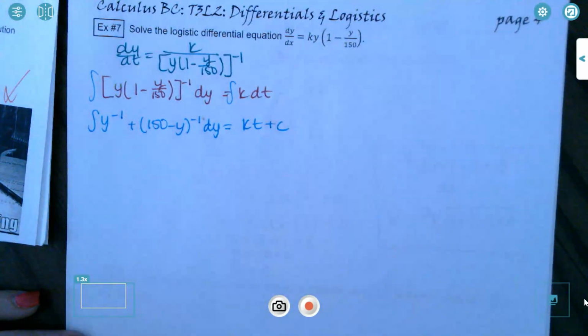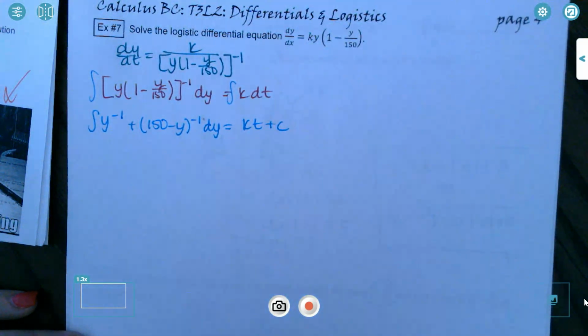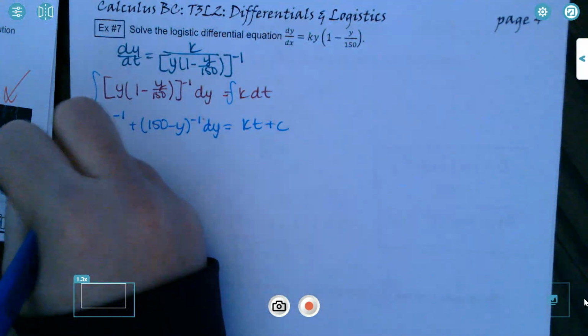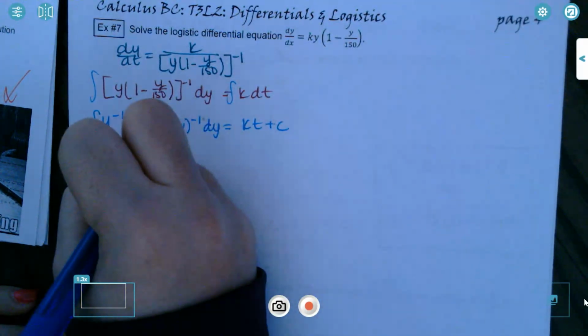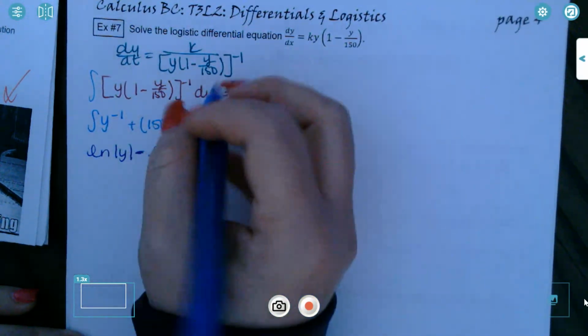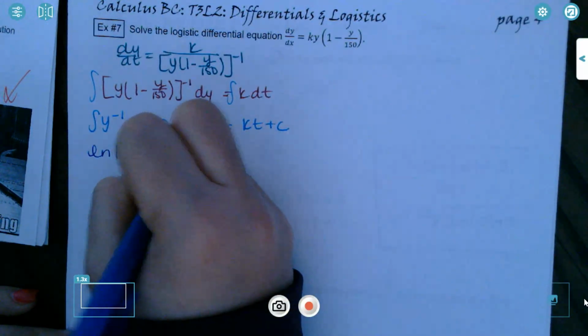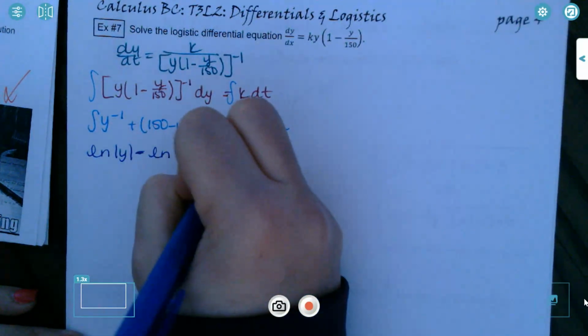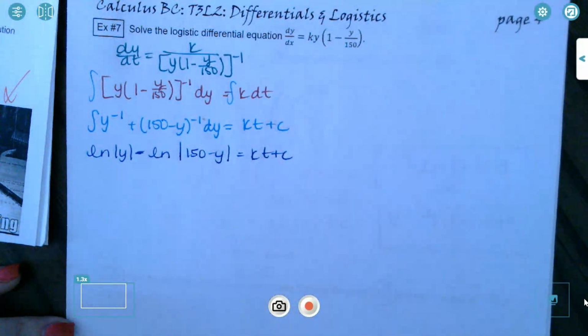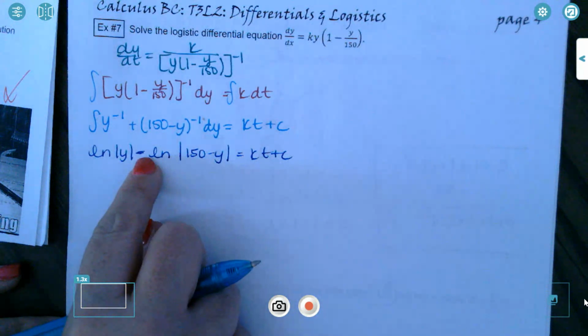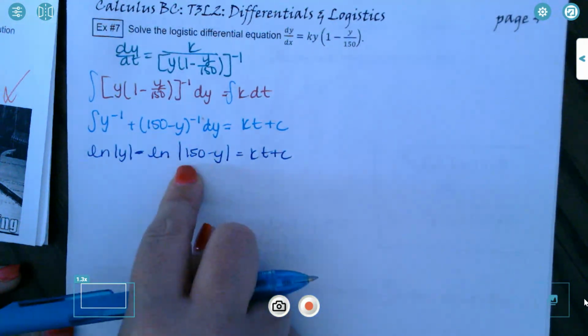All right, so now let's apply the antiderivative on the left. Okay, so that's going to become a 0, so we're going to have an ln of y here. All right, that's going to become a 0, so minus the ln of 150 minus y. So first of all, we're going to combine these. Remember, when we do subtraction on our log properties, that's division.